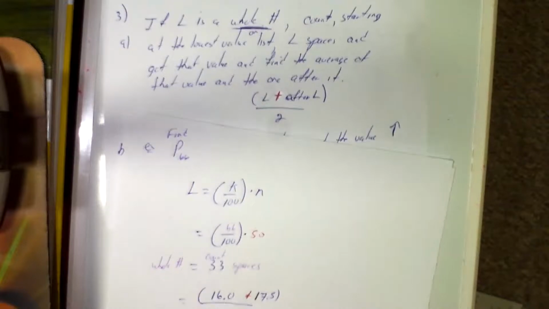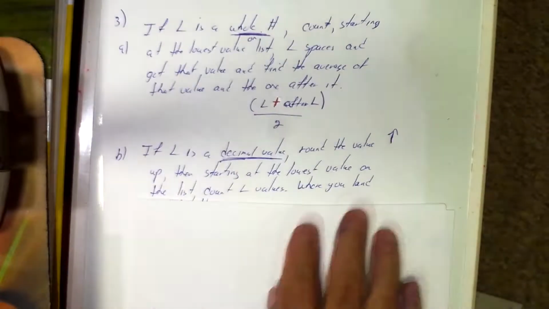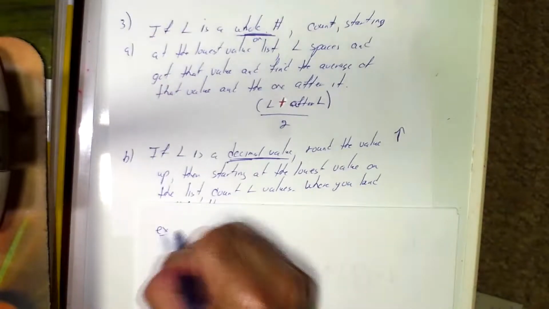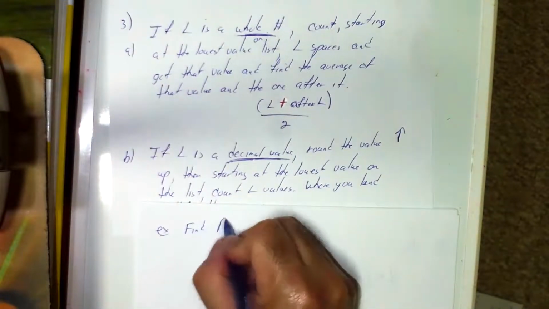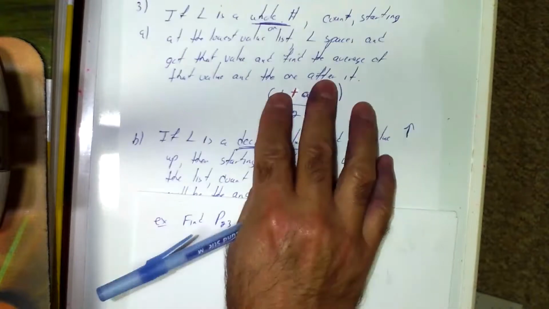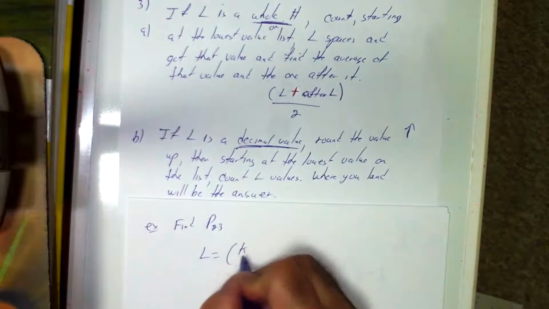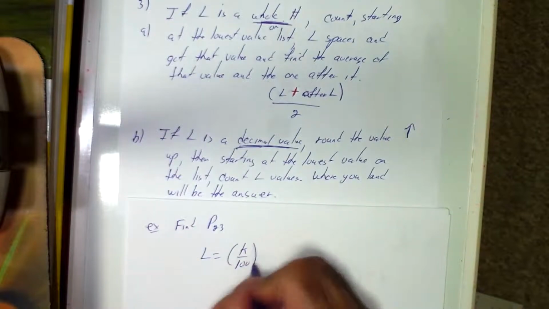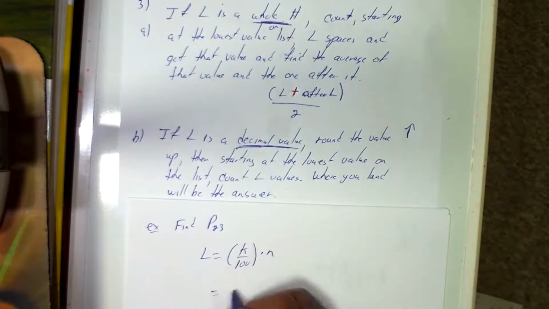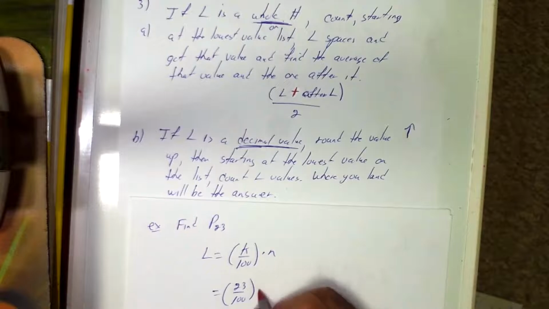All right, so let's see one. Let's find P23. So L equals K over 100 times N. My K is 23, so 23 over 100 times 50, because I have the whole 50 numbers on my list.